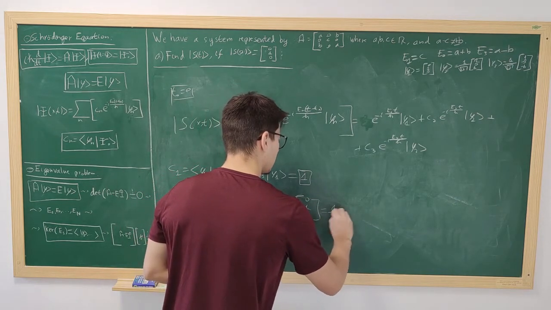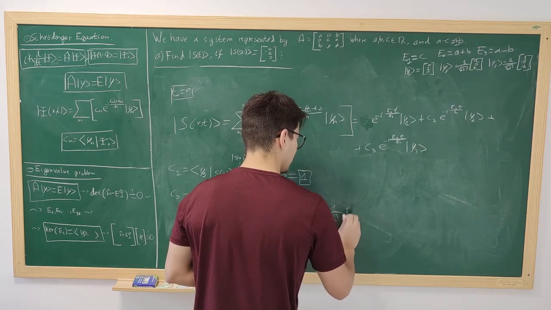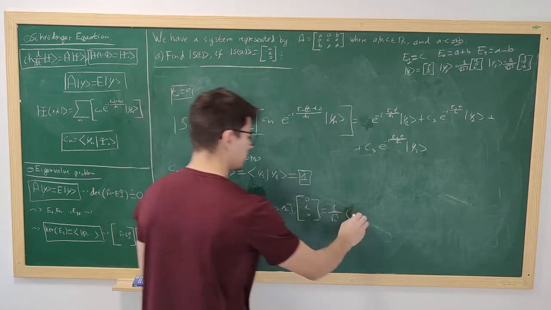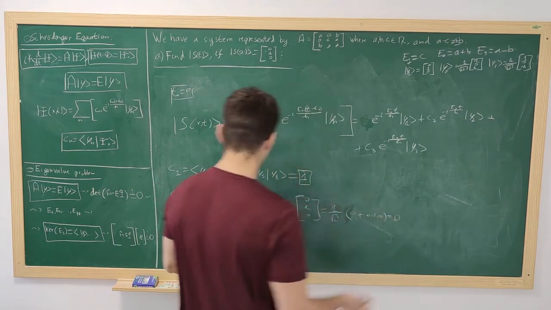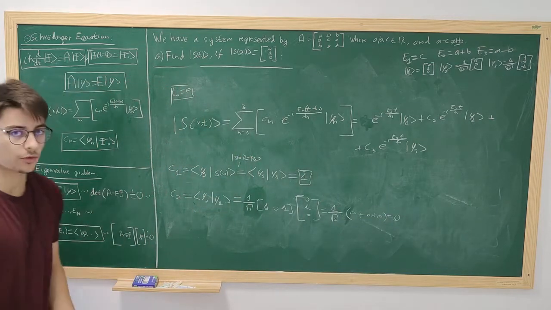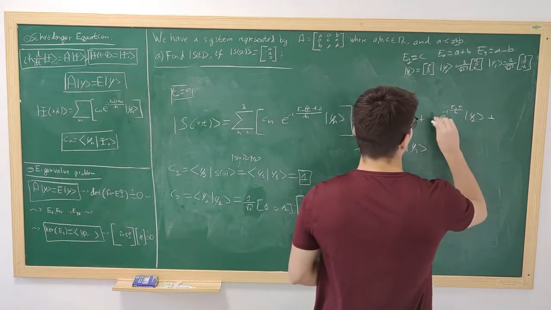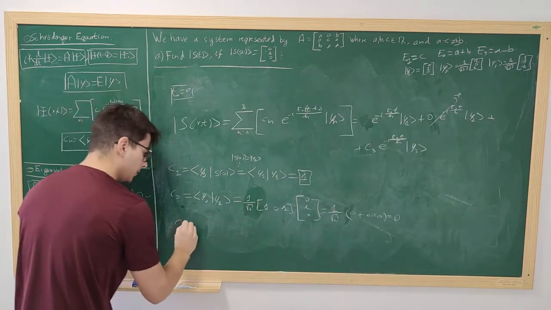And this is just 1 over the square root of 2 times, well, this times this: 1 times 0, 0, plus 1 times 0, plus 0, this is just 0. So they are in fact orthonormal. So C2 is 0. And the same happens for C3.